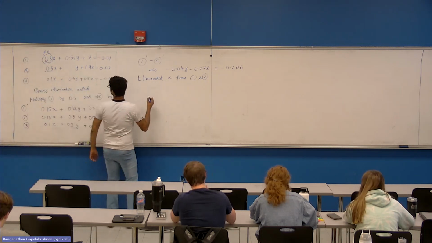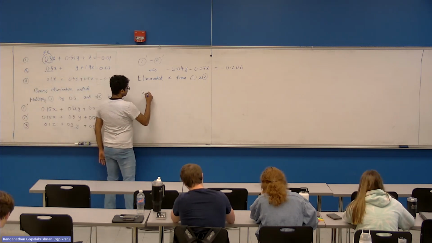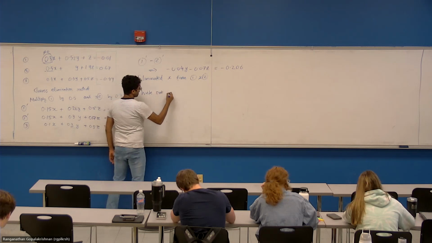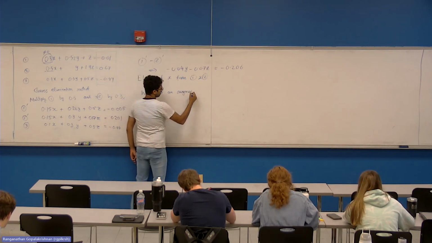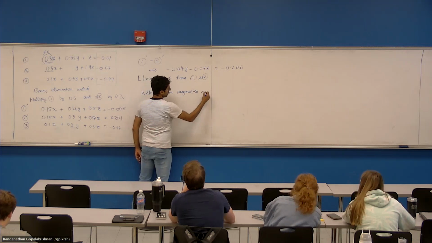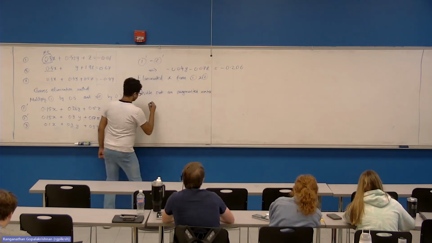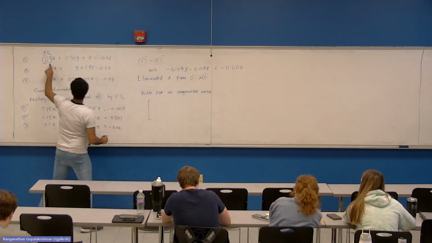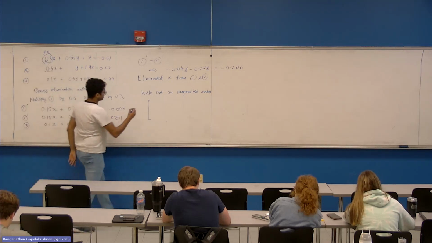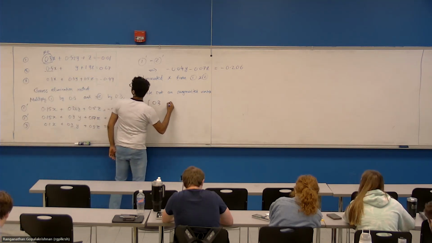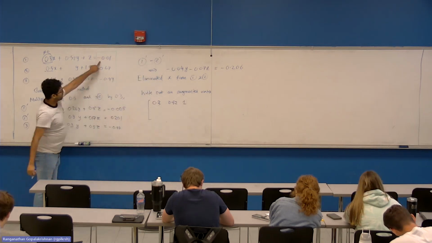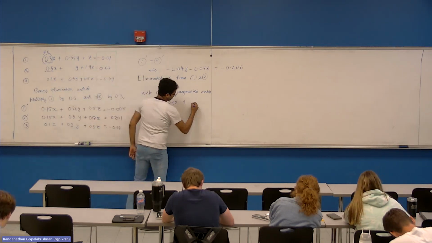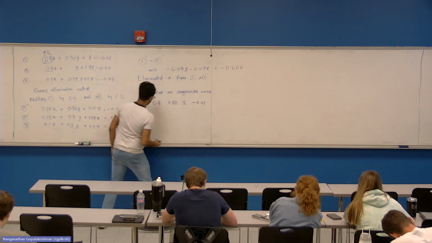So start here. Write out an augmented matrix, which looks like this. The coefficients 0.3, 0.52, 1, and then take the right side and make that the fourth column, minus 0.01.